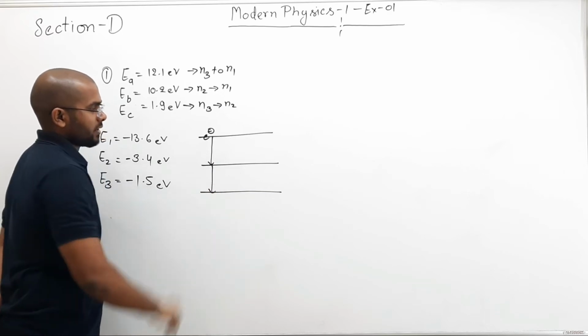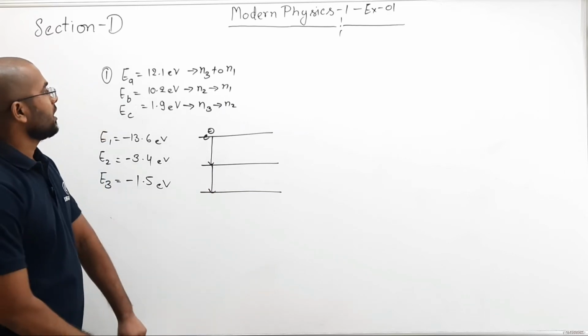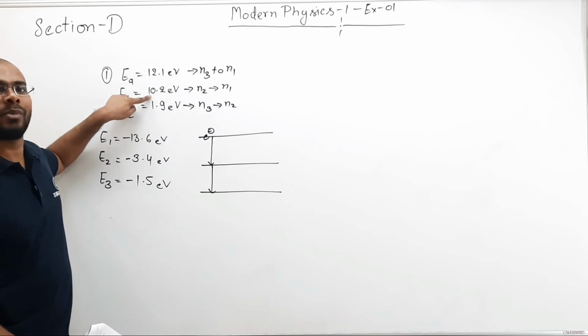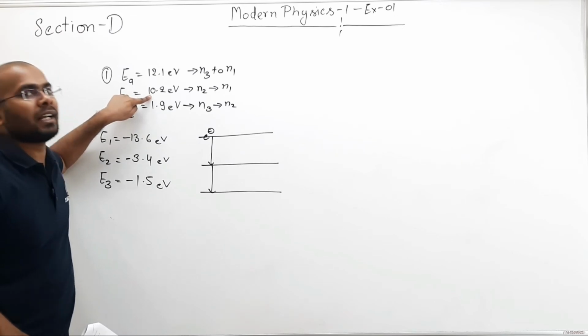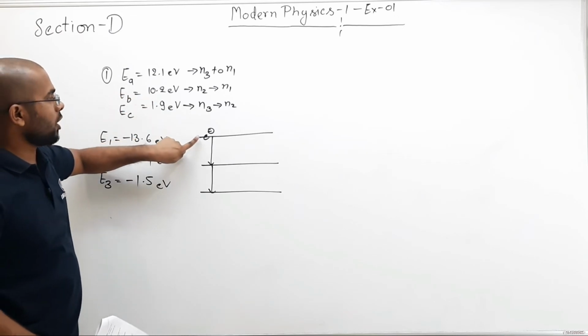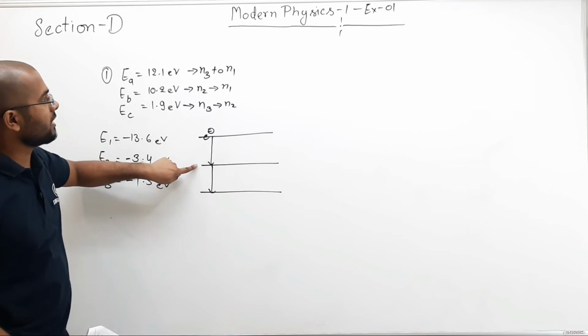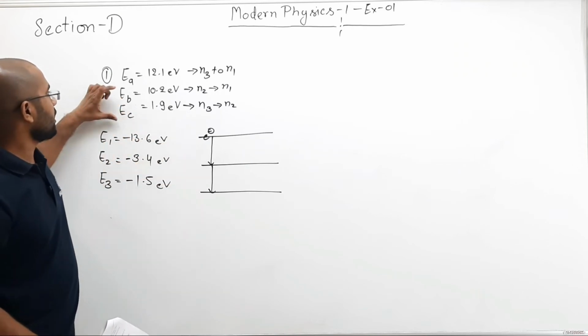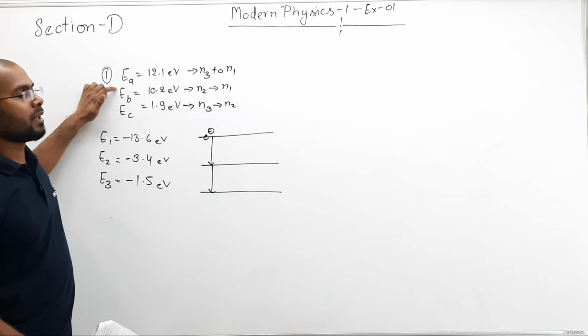Meaning these two photons can be emitted by the same electron. Same electron jumps from third to second, then again it jumps from second to first. So these two photons can be emitted by the same electron.